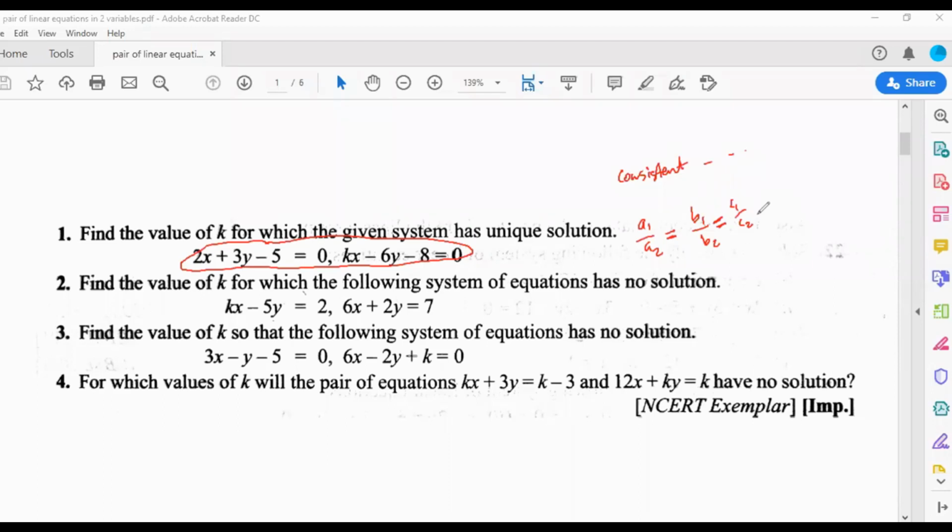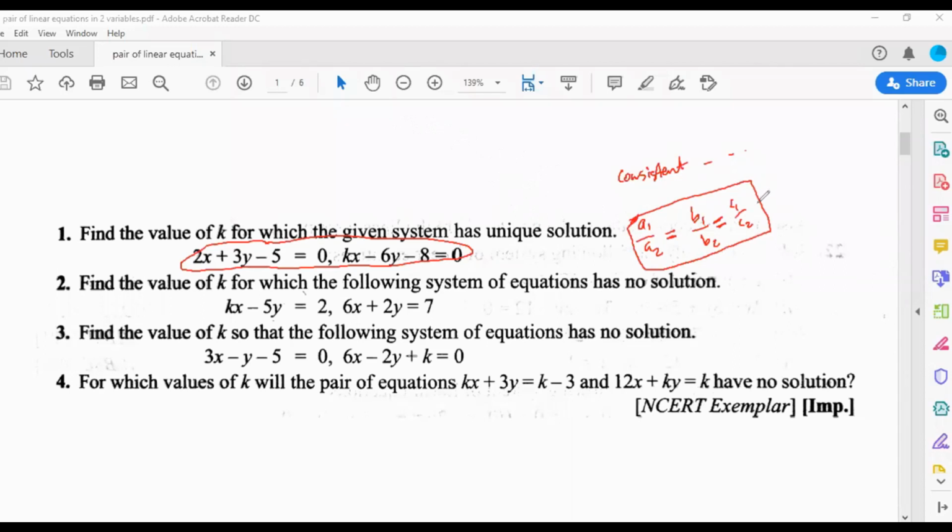By our definitions, to be consistent it should be not equal, and to be inconsistent the second one should be not equal. But in this case, all the ratios are equal, and this is dependent. But in the question paper, dependent is not given, only check whether consistent or inconsistent.